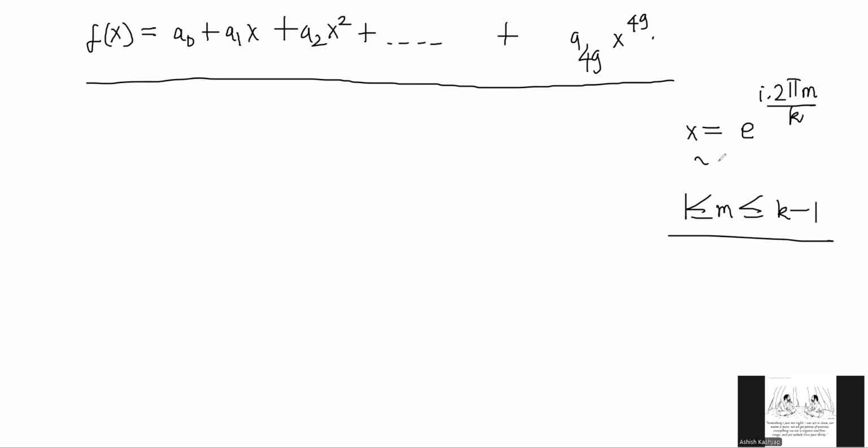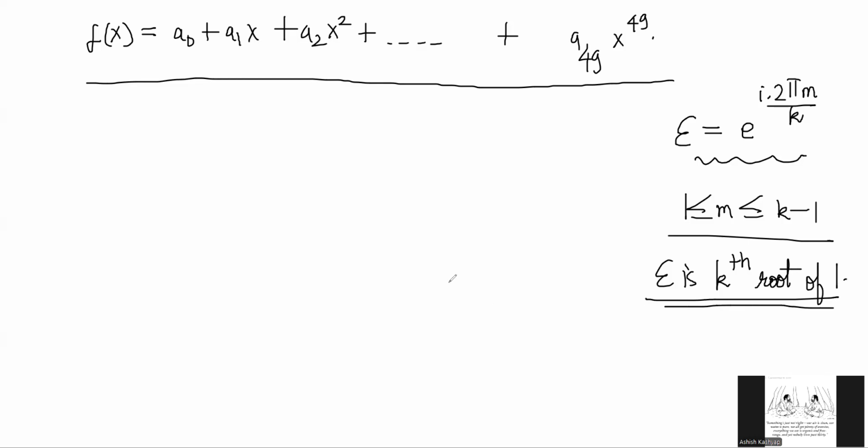What I mean by this is not x, I have taken epsilon as my kth root of 1. And now I will try to calculate what is f of epsilon.